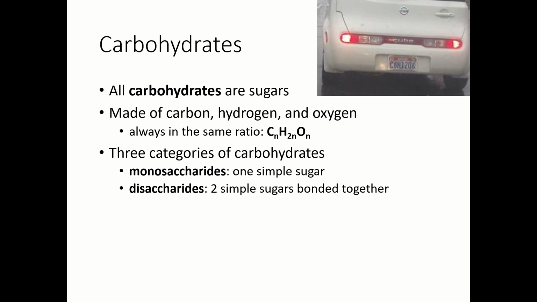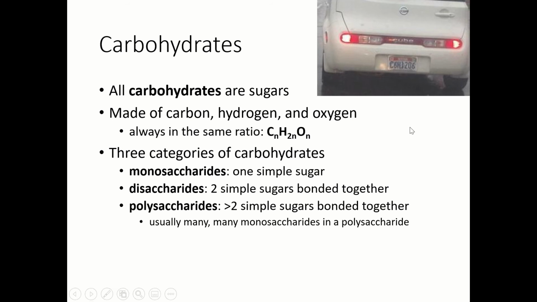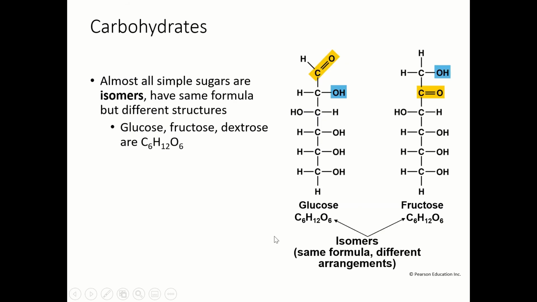So monosaccharide 1, disaccharide 2. If you get more than 2, we call that a polysaccharide. Many monosaccharides. It could just be 3, but generally speaking, polysaccharides are often very, very big. It could be 3,000.